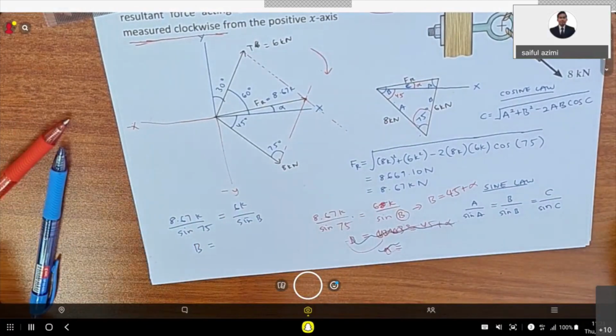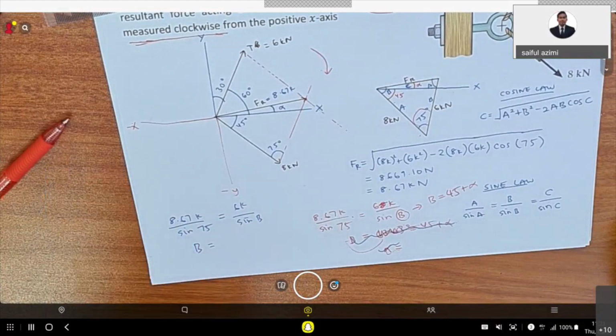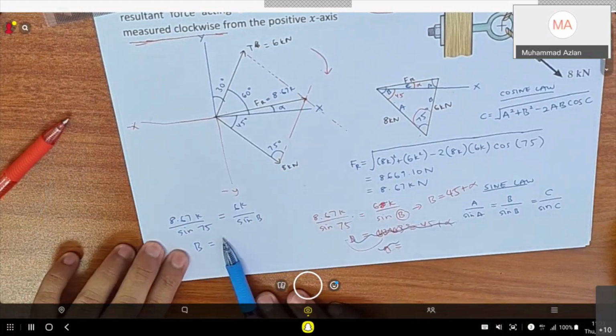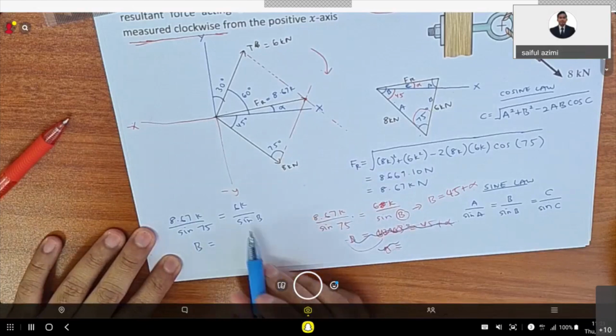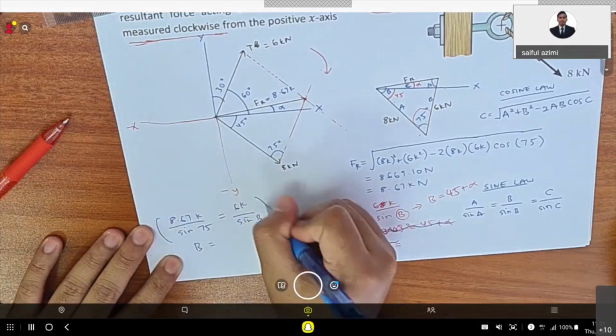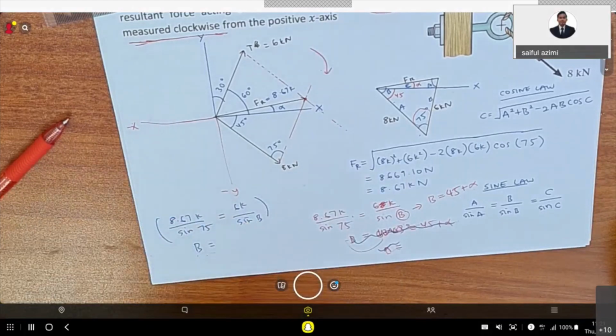It is 45 plus alpha, right, sir? Right now you solve for B first by using this equation. From this equation, you solve B and you get the value of B.